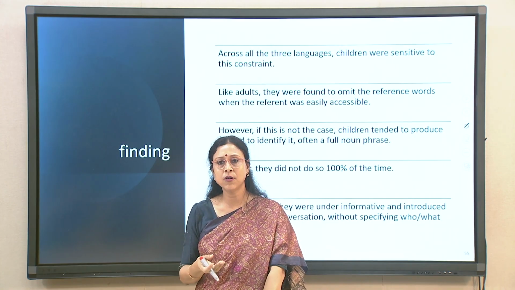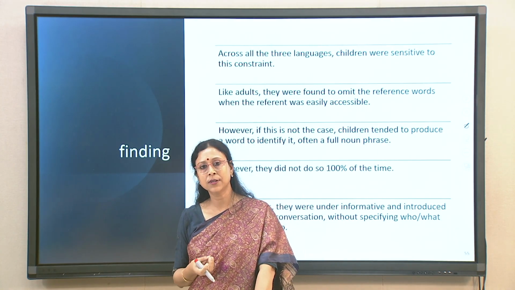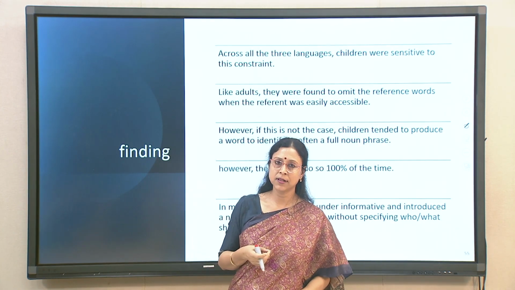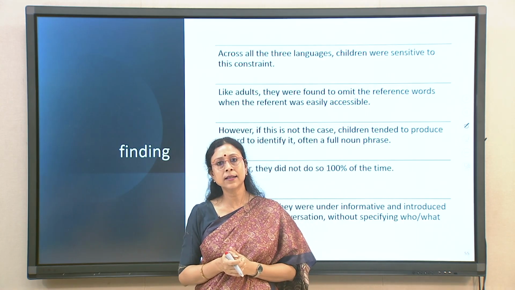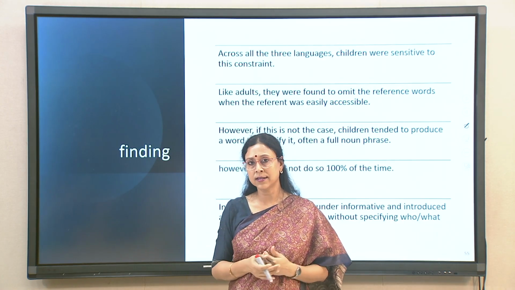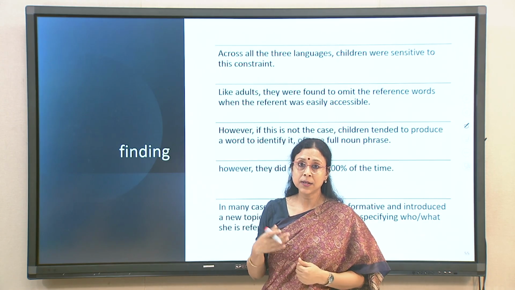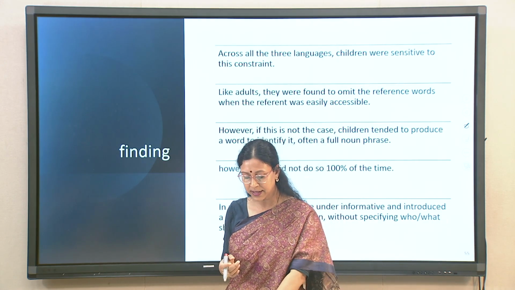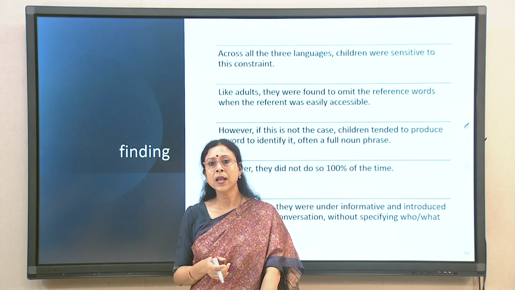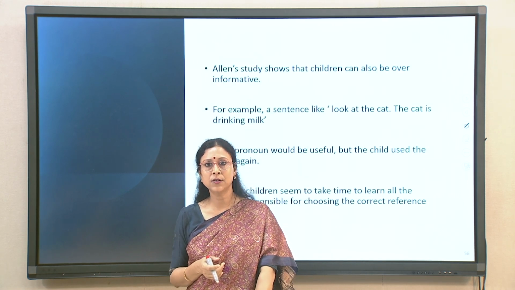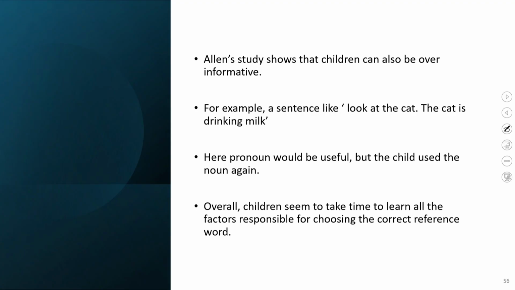Suddenly, they introduced a new object without saying what it was. So, that is the finding of this particular study, basically pointing to the fact that though children do understand these things, they do figure them out, they also figure out the other person's intentions and mental states and knowledge state and so on, but they are not always correct, they do make mistakes. So, they can be over informative, under informative.